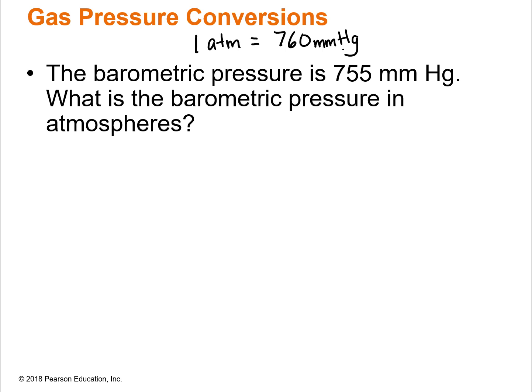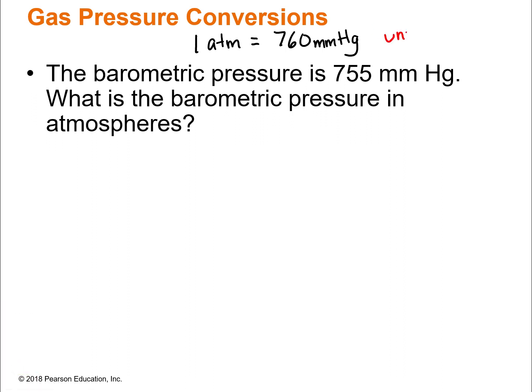If you're saying to yourself, that looks a lot like a unit equation, it is. It's a definition, and if we have a unit equation, then we can write unit factors.